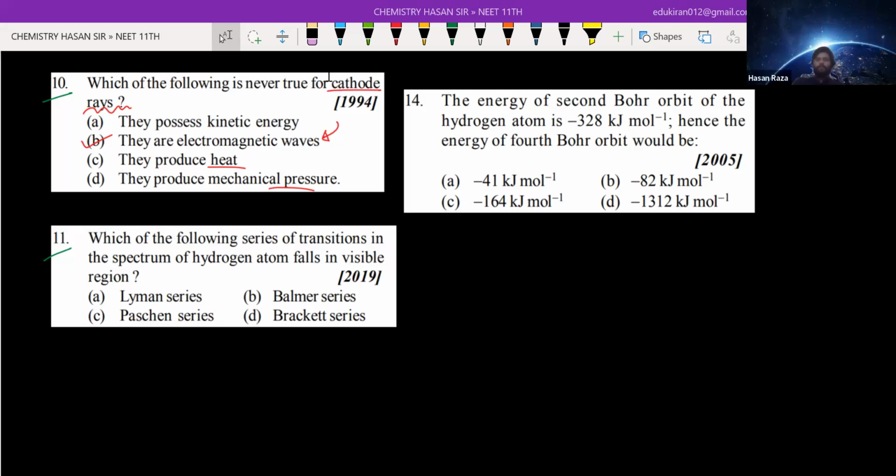Any answer for this question number 14? No, sir. Okay, I'm going to explain this if you are not able to solve this.